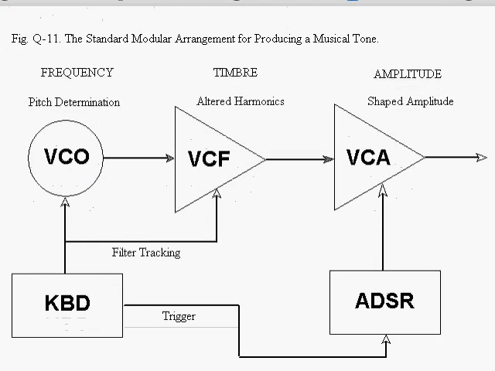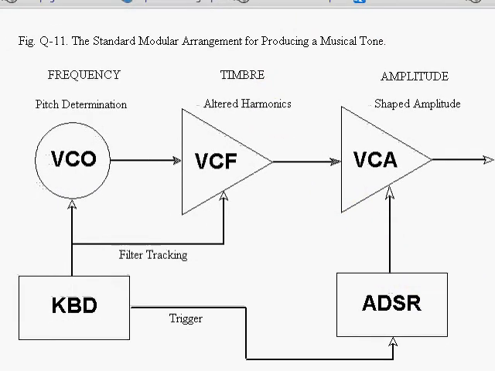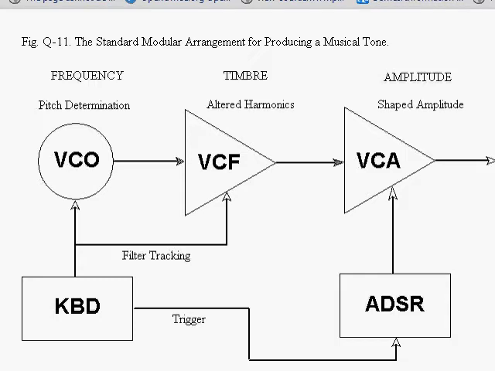Here is the standard arrangement that gives you all the modules working together except for the LFO, which we'll talk about in a second. Here you have a beautiful representation of manipulation of sound in the Moog synthesizer. See, Bob Moog has to deal with the three properties of sound that we talked about earlier in our course, and that is your pitch, your frequency, your timbre, and your amplitude, which relates to your loudness.